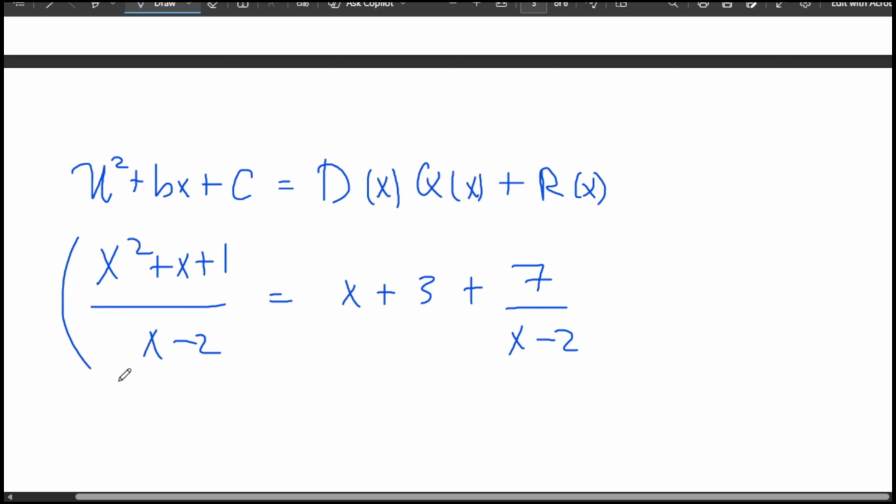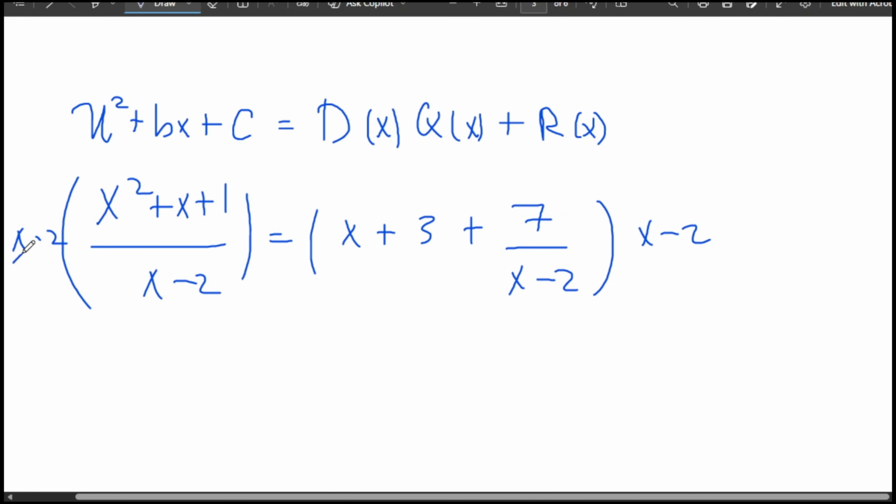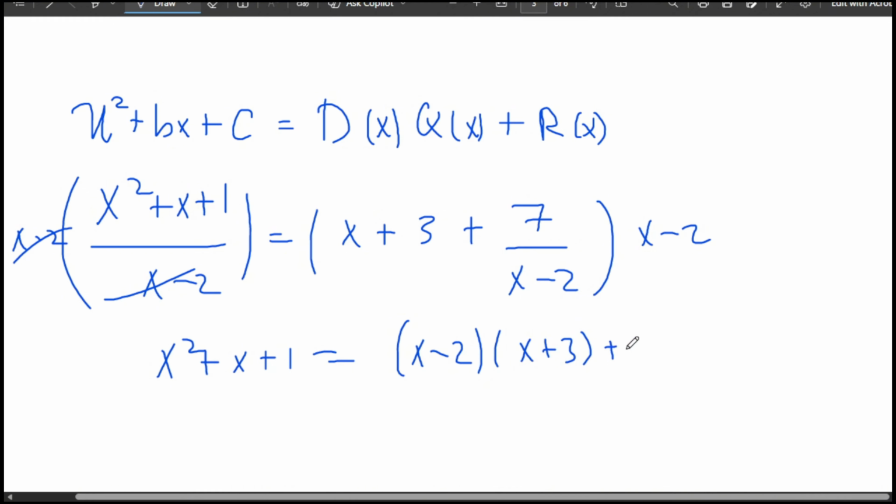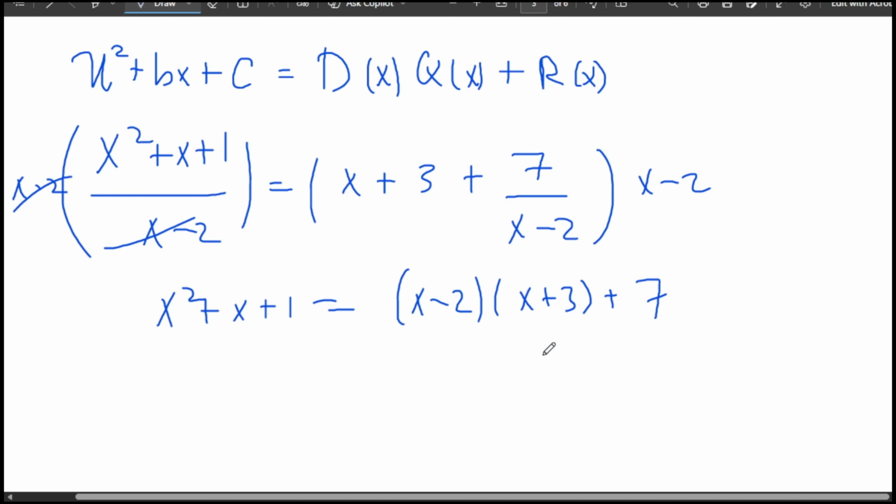Well, when we multiply by x minus 2 on both sides, what do we get? This cancels, so we have x squared plus x plus 1 equals our divisor times our quotient, x minus 2 times x plus 3, plus 7, because x minus 2 and x minus 2 cancel out.